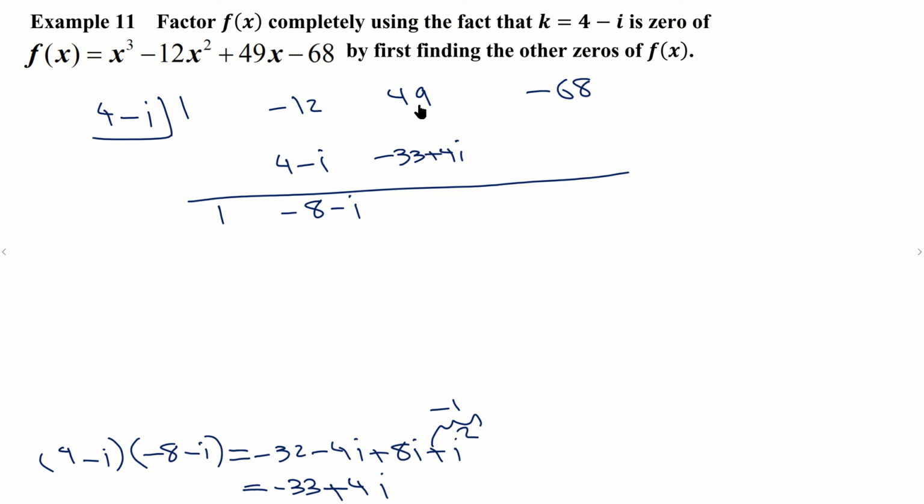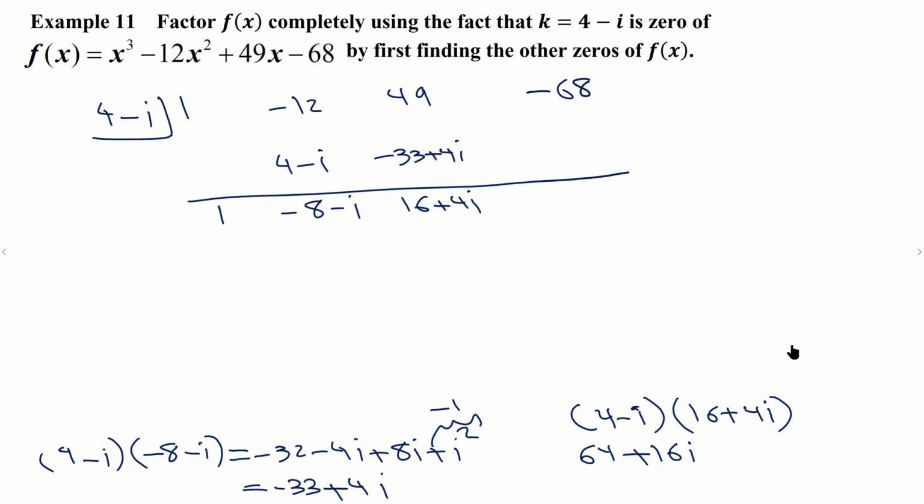So when I combine these two, right, what do we get? We get 16 plus 4i. So now we're going to multiply 4 minus i by 16 plus 4i. So we get 64 plus 16i, right? I just distributed the 4.